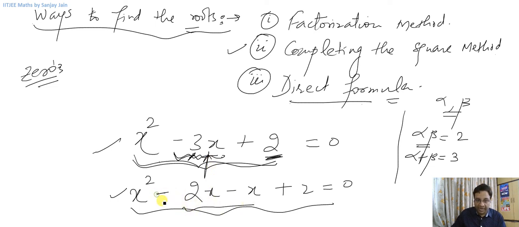Because if I add these two terms, the sum of these two terms is still minus 3x, right? So I should split this middle term in such a way that the sum is minus 3x and the product is 2 into x square, that is 2x square, right? So I have already done that, so let me do the next step.